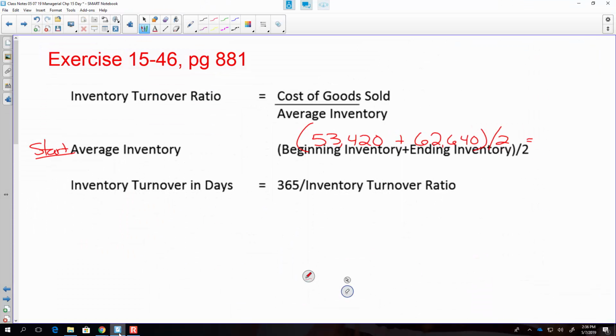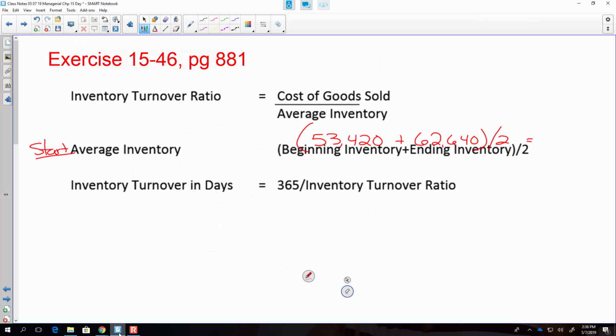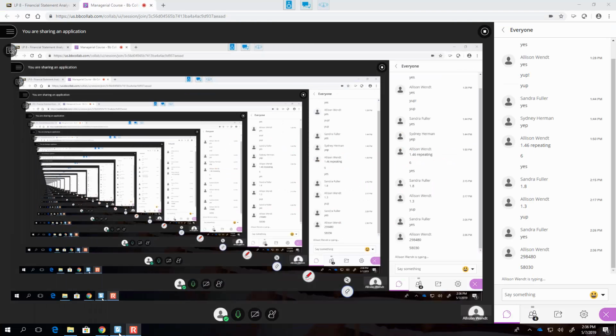It should be around 57,000. All I'm doing is taking the 53,000 plus 62,640, which is 58,030.